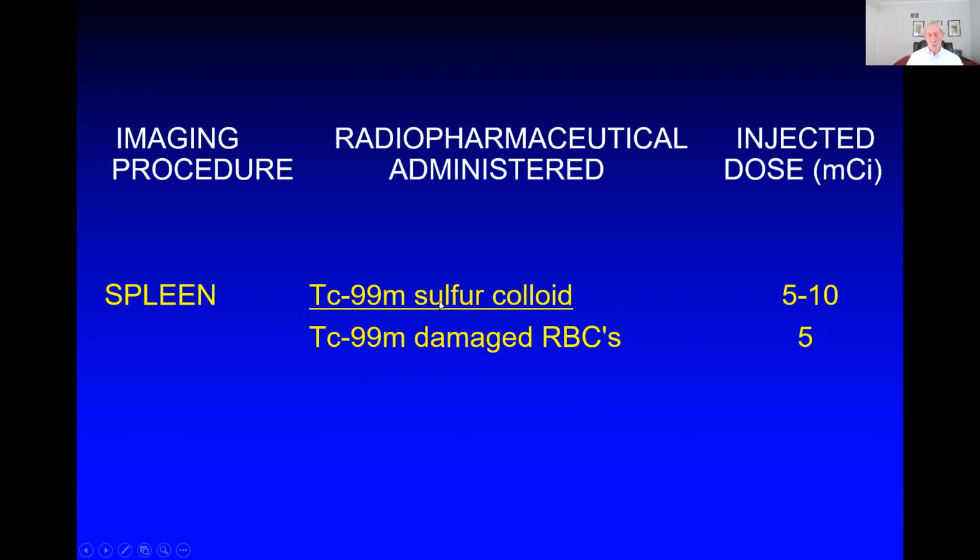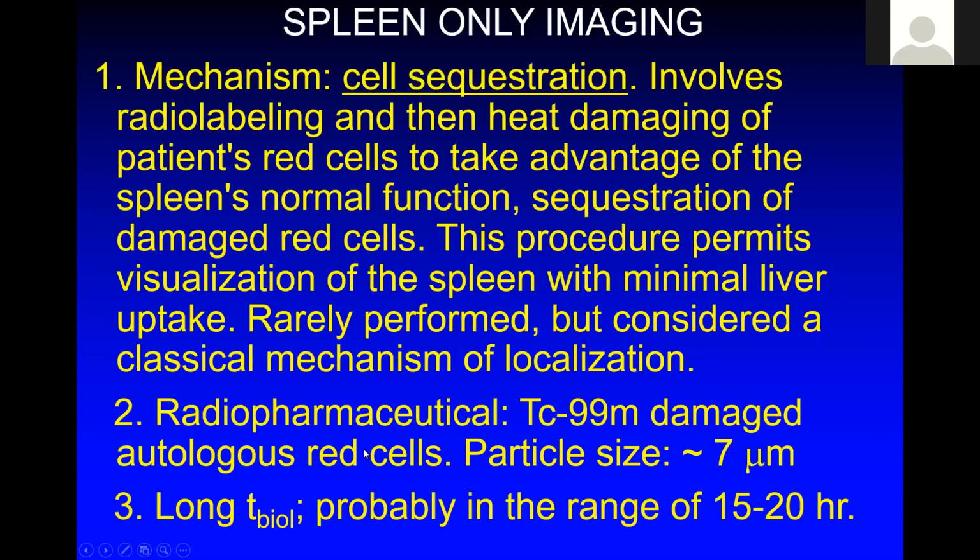Now, who knows? What is the mechanism of localization of damaged red cells in the spleen called? Anyone know? Compartmental? So it's actually called cell sequestration. And sequestration is a process by which the spleen captures those damaged cells and just takes them out of circulation.